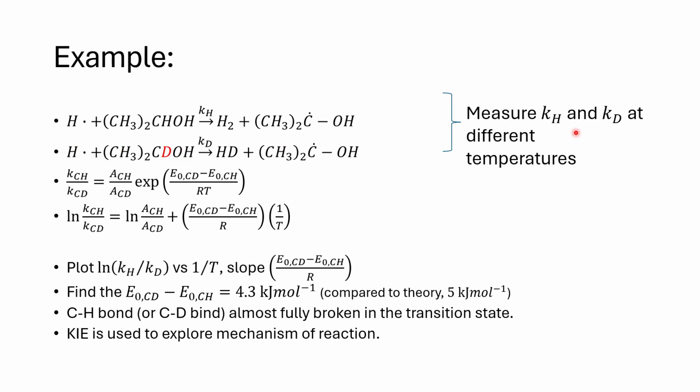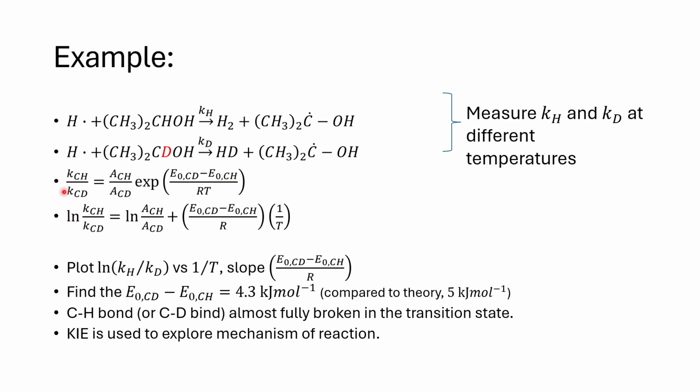We find out their rate constants kH and kD at different temperatures. We also conduct the experiment at different temperatures. We use the simple Arrhenius equation that we discussed earlier to relate the kinetic isotope effect ratio to the energy difference. In order to extract the zero-point energy difference, this value here, experimentally, we plot the natural logarithm.